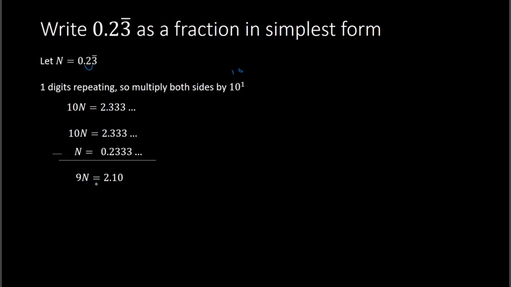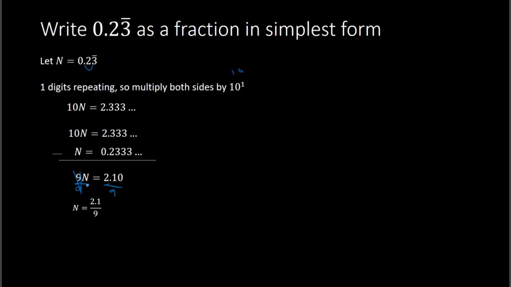So now we just need to solve this new equation. To do that, I need to get rid of the 9, and I do that by dividing. So divide both sides by 9. On the left, the 9's cancel. I have n on the left, and then on the right, I have 2.1 divided by 9. So now I need to write this without that decimal.